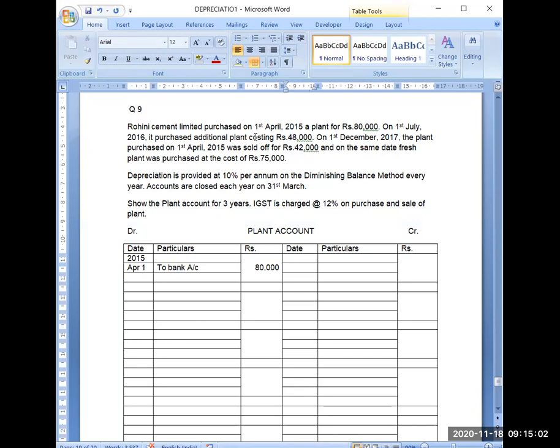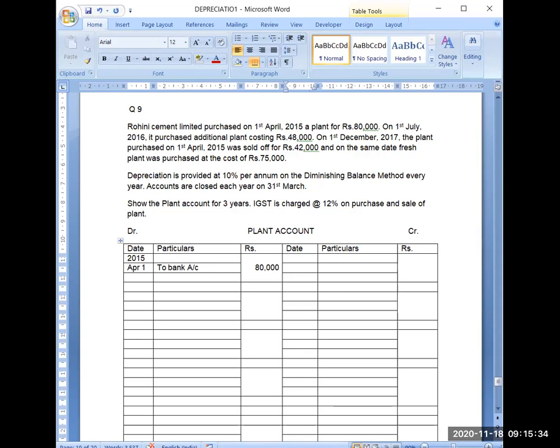So 1st July 2016 will come after 31st March 2016, or will it come before 31st March 2016? Yes, 1st July 2016 will come after 31st March 2016.